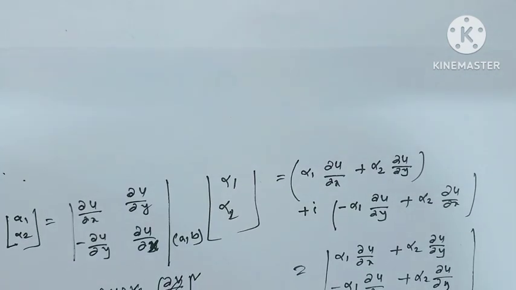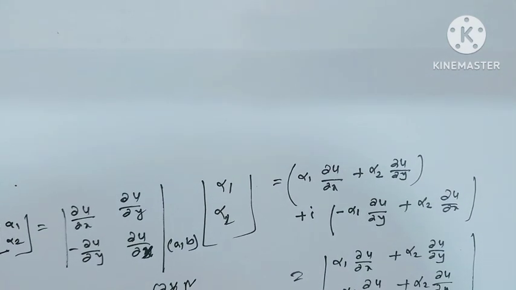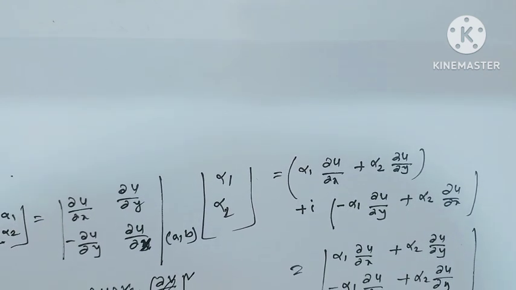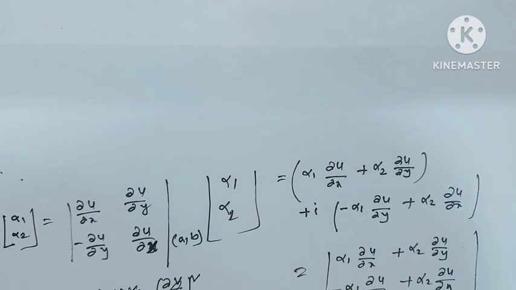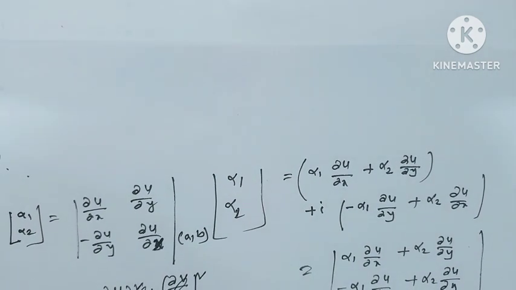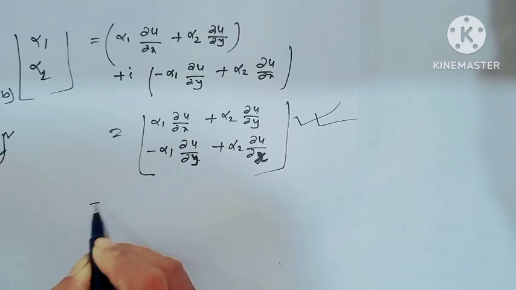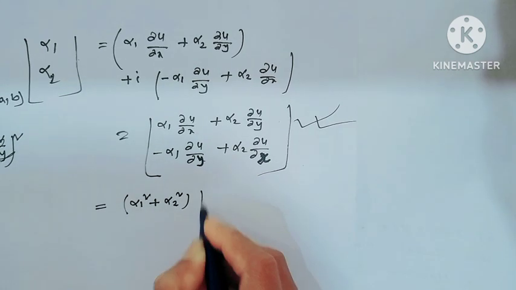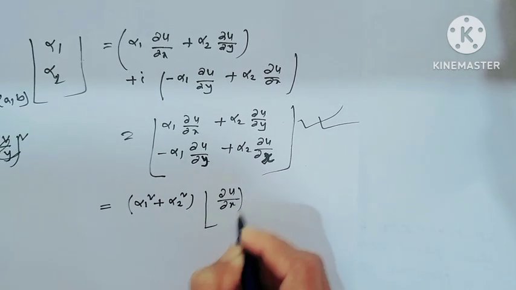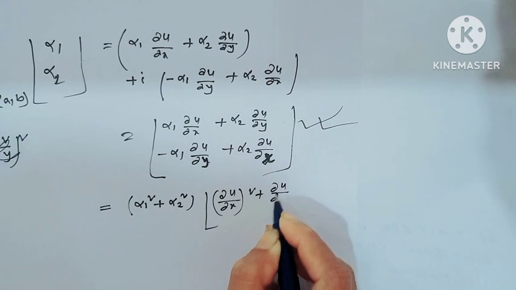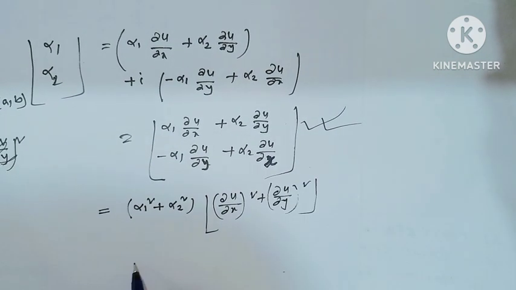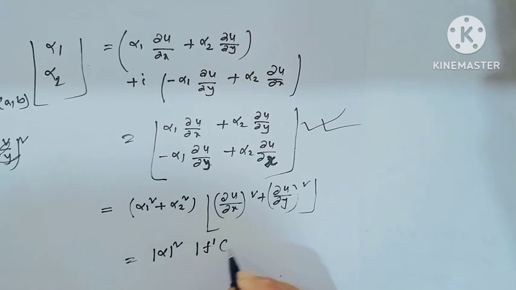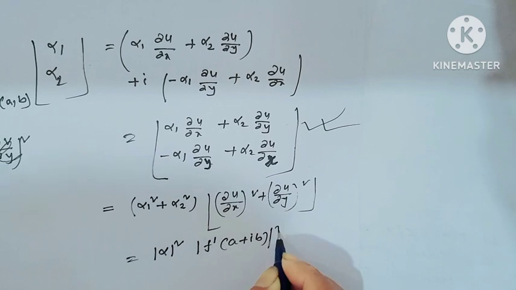This value is the derivative of this function at the point (a, b), and if we increment a + ib by alpha 1 + i alpha 2, then this would be the value. It is actually equal to (alpha 1 square plus alpha 2 square) times ((del u del x) whole square plus (del u del y) whole square), and this is mod alpha square times |f prime(a + ib)| whole square.